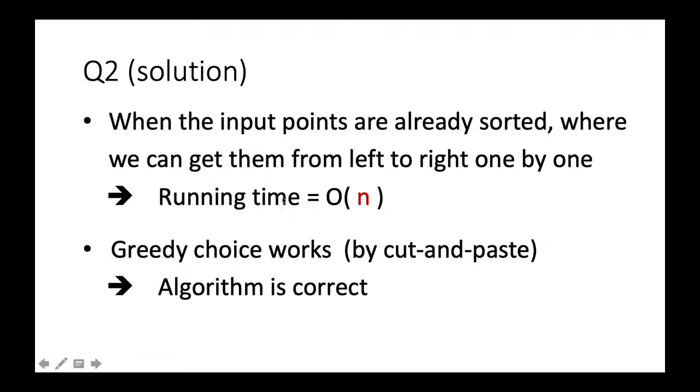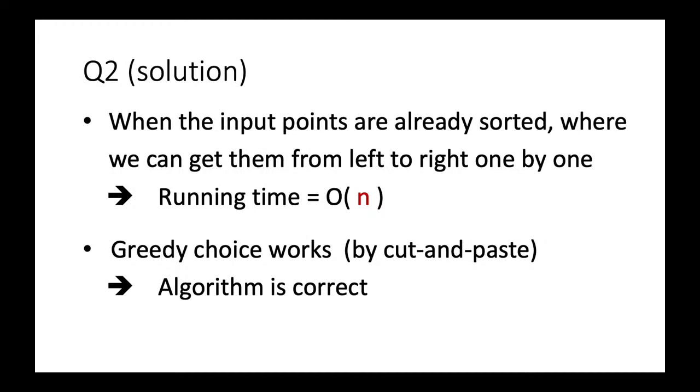And then we are going to see that the greedy choice works. This can be shown by using the cut and paste argument. It is not easy, okay? We need to be careful about how many different scenarios may happen. But once the greedy choice is proven to be correct, then the algorithm will be correct automatically, because it means that there exists an optimal algorithm that is doing the same thing as we do in the first round.